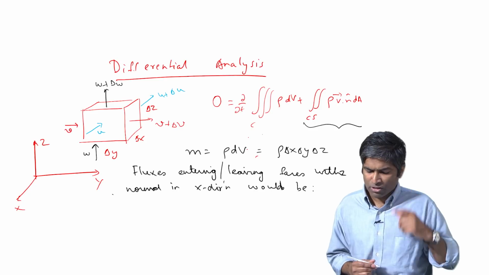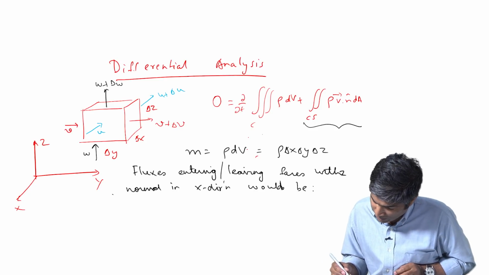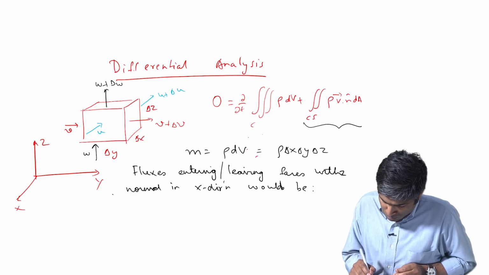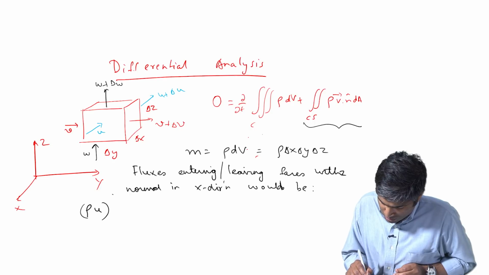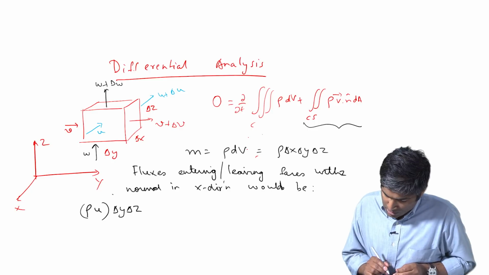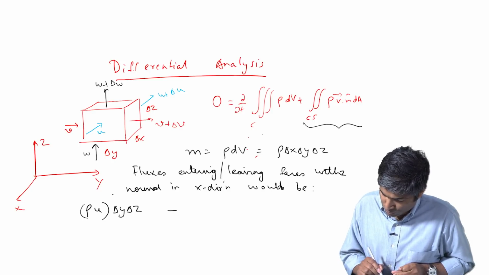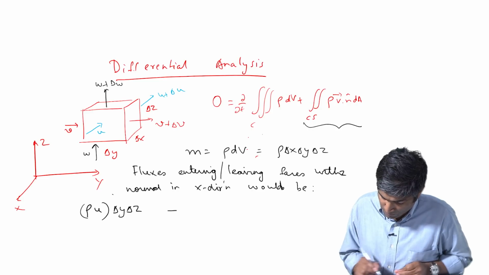So let's look at the flux entering. The flux entering in the x direction would be rho u times delta y, delta z. And the flux leaving, I'll just put a minus sign there to find the net flux entering.